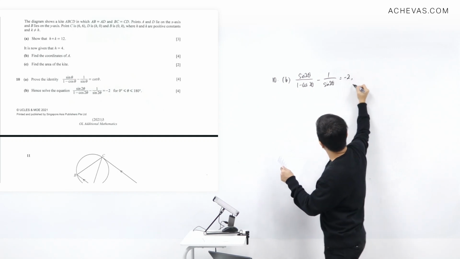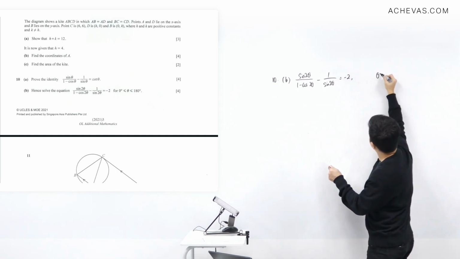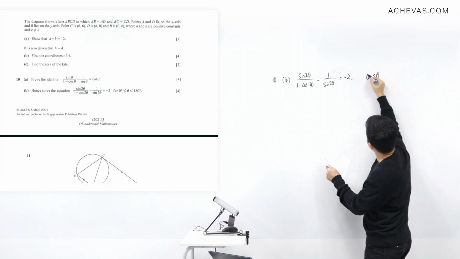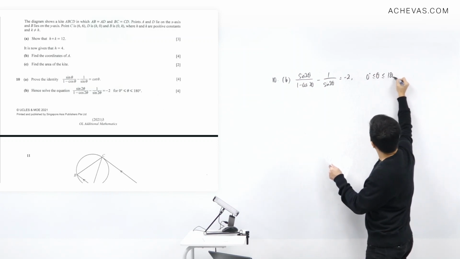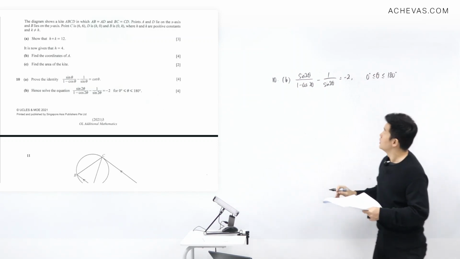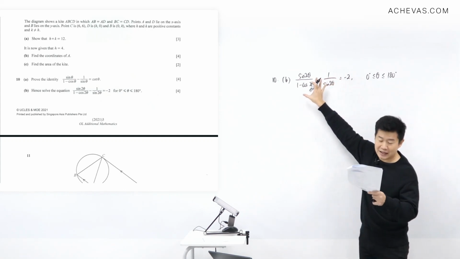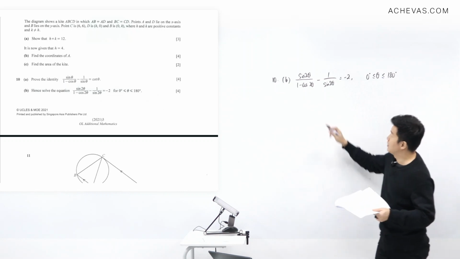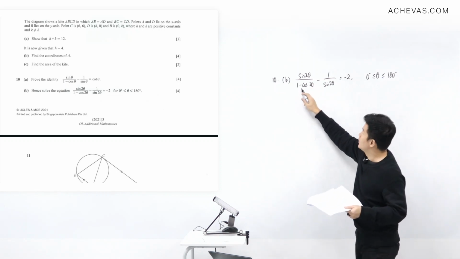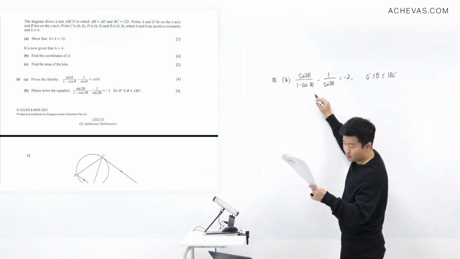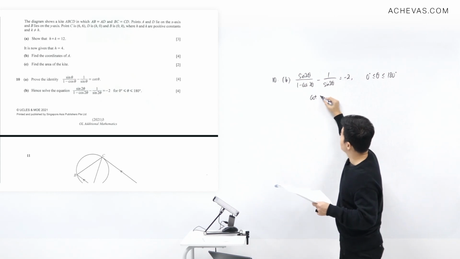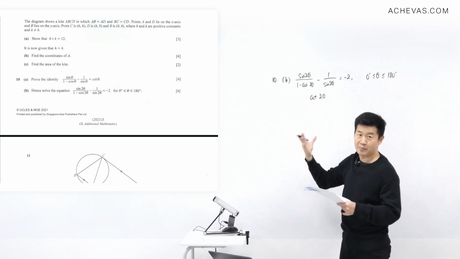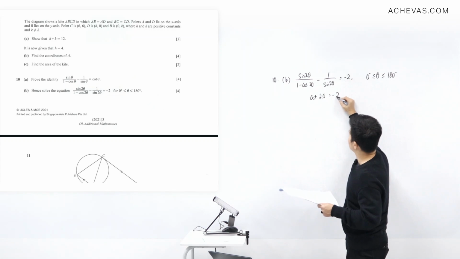This is equal to minus 2, where theta is between 0 degrees and 180 degrees. If I look at the left-hand side and compare to part A, we can see that all the theta is replaced by 2 theta, which means that we can rewrite it as cotangent of 2 theta based on what we have in part A. So this is equal to minus 2.